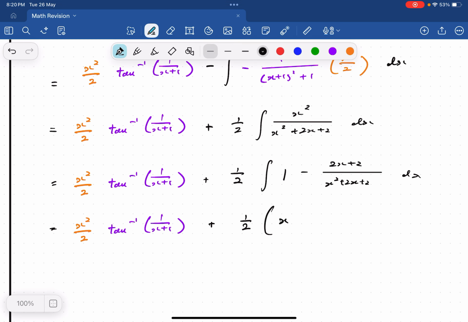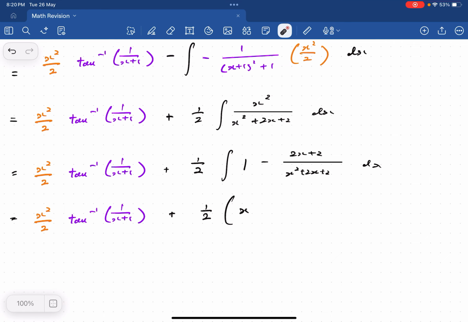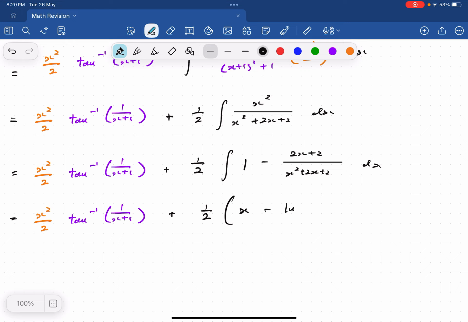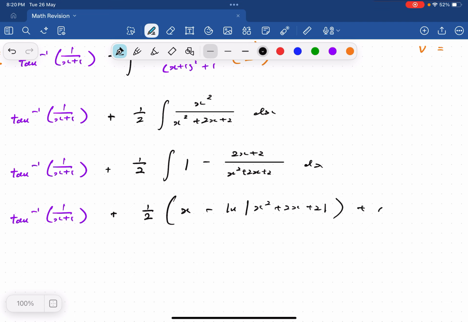And then if I want to integrate this fraction, because it's f prime x over f x, I will get ln. Do I need to put a modulus? No, right? Because x squared plus 2x plus 2 is always positive. So I can put the modulus, I can not put the modulus. My personal practice is I just put the modulus anyway.